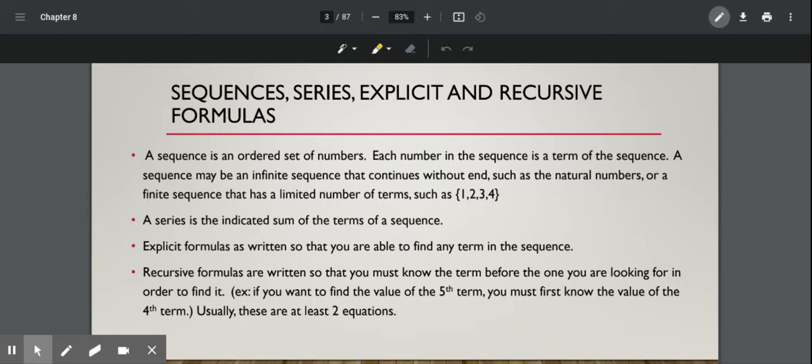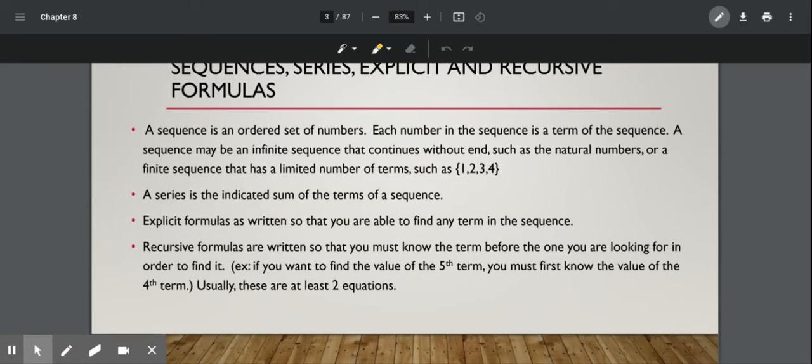So with the explicit formula, you're going to plug in your term number. So if you wanted to find the fifth term, you would just plug a 5 in for your n because you're looking for the fifth term.